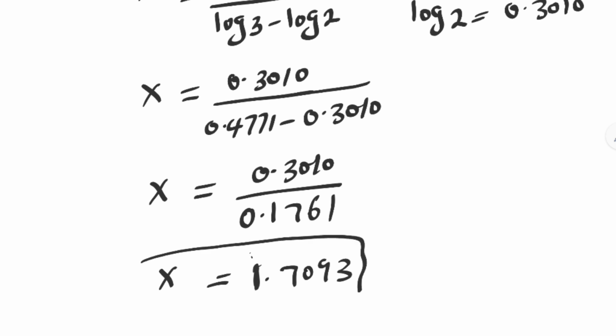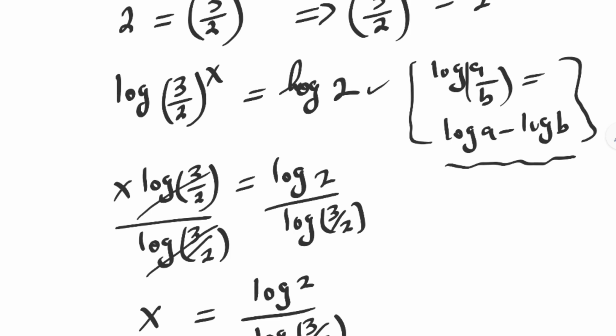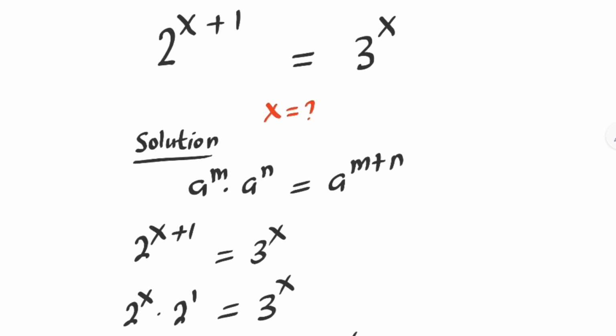And this is the final answer, which is the value of x. Therefore, our answer here is x is equal to 1.7093. We may check to confirm if this answer is right or wrong.